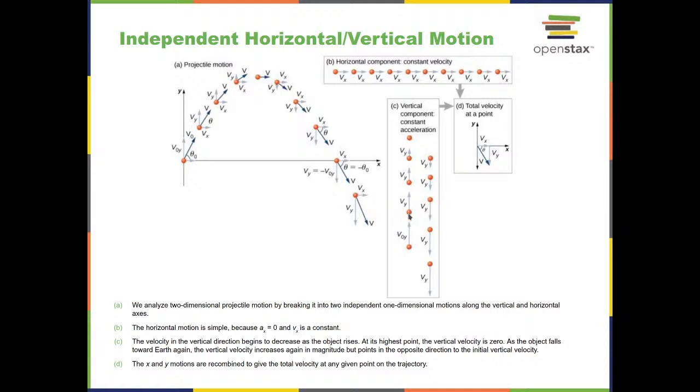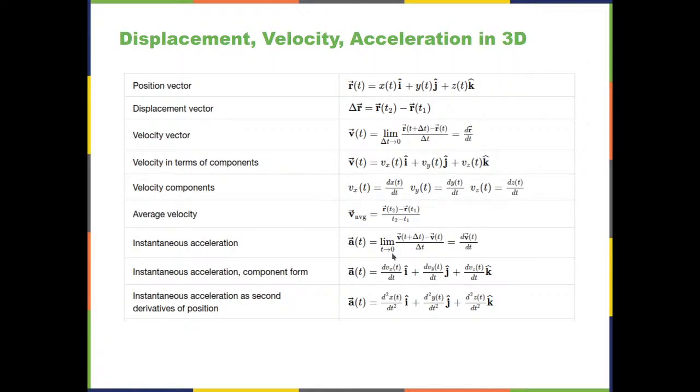And so it will decrease in magnitude. It will be 0 at the highest point here, and then it will increase in magnitude downwards as the ball is moving down. But we can treat this vertical velocity and position and acceleration entirely separate from the horizontal component. That will be the benefit of these kinds of systems, that we can independently consider the horizontal and the vertical motion, which is of course also what we see in these formulas here.